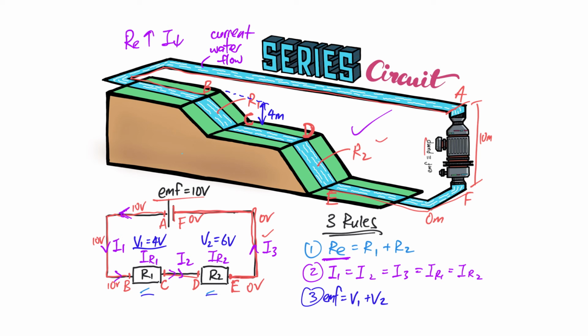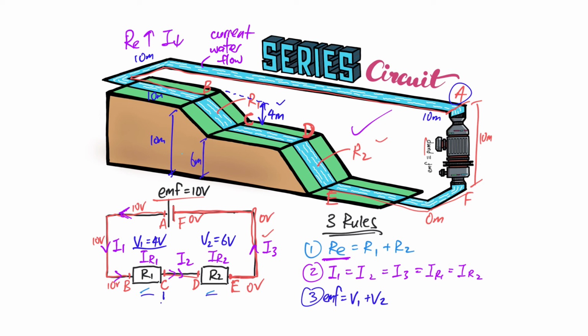So from point A here, previously we have established that this is 10 meters, and throughout the copper wire from A to B, everywhere will be 10 meters. Then after passing through R1, there's a height drop of 4 meters. So at point C, now it remains 6 meters.